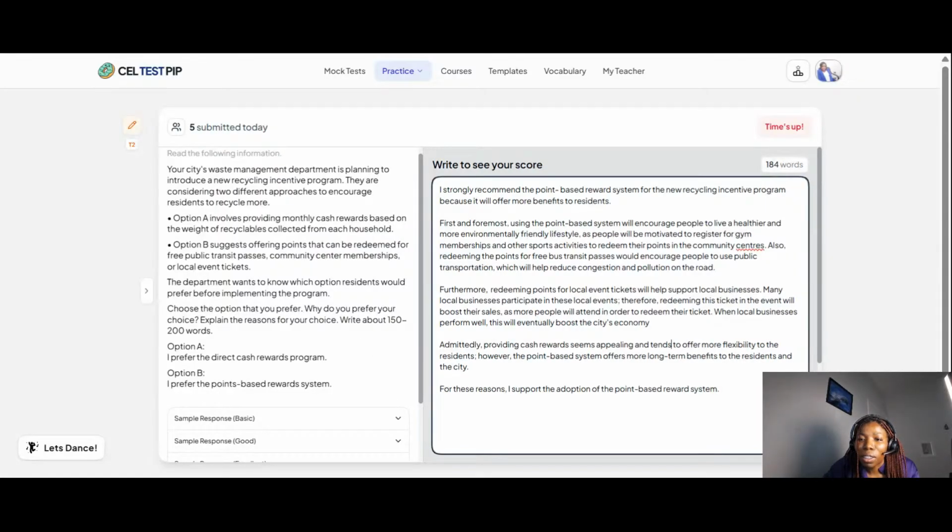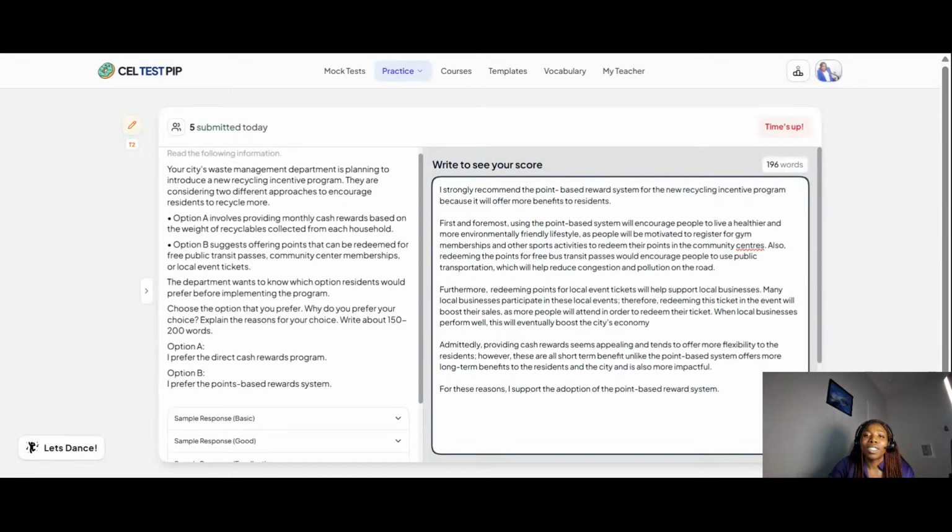However, these are all short-term benefits, unlike the point-based system that offers long-term benefits and is also more impactful.